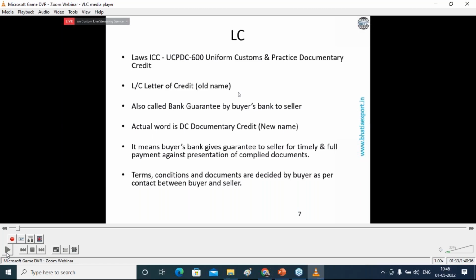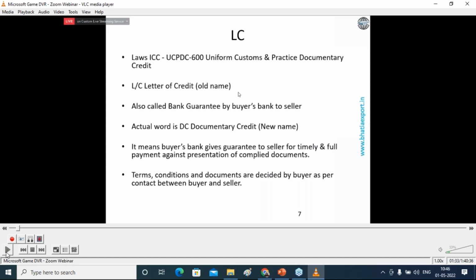They are concerned about the terms and conditions in the LC and the documents required. If all those are fulfilled, they will make the commitment to pay, only to that extent. What is written or not written in the buyer and seller contract has no relevance for the bank.